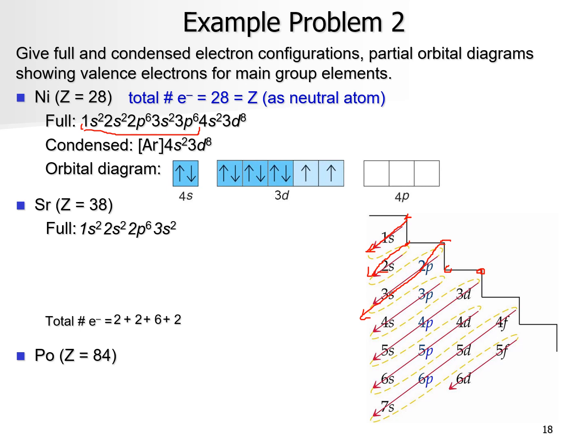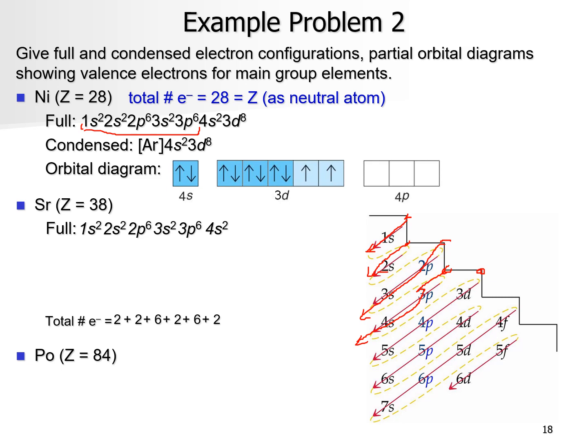Writing the electron configuration, going back with another corner, we hit 3p and 4s. 3p will have 6 electrons, and 4s will have 2 electrons, so 3p6 and 4s2.